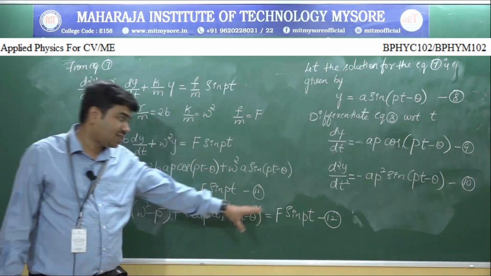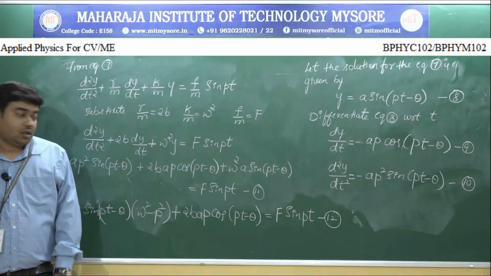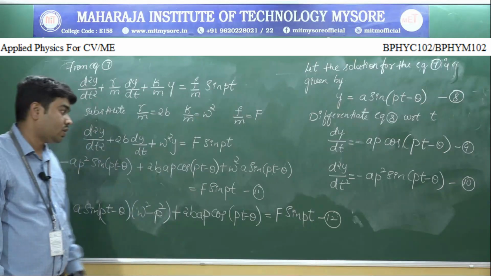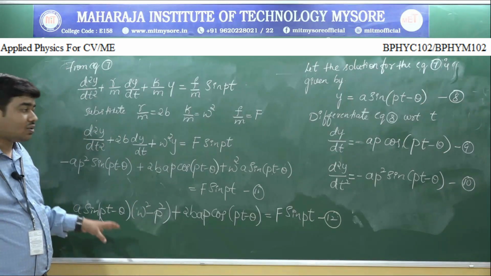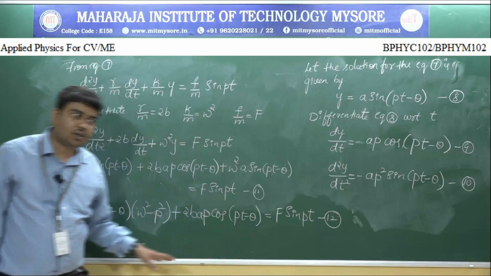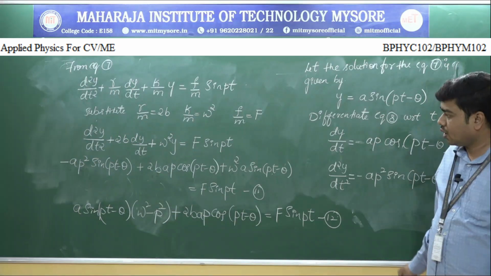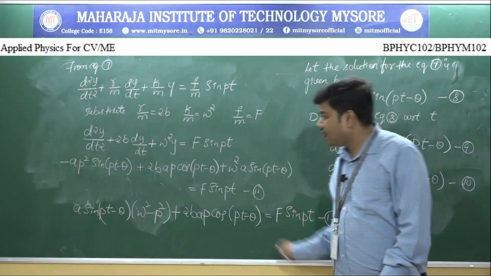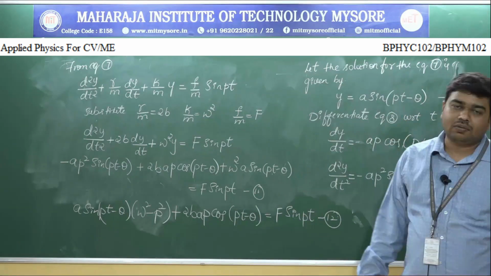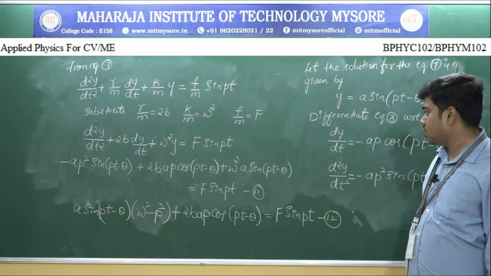We have to substitute certain terms into equation 12 in order to simplify it further. We have to substitute in such a way that the value of the whole equation does not change, so that we will be able to find the amplitude as well as the phase difference for the forced oscillation.